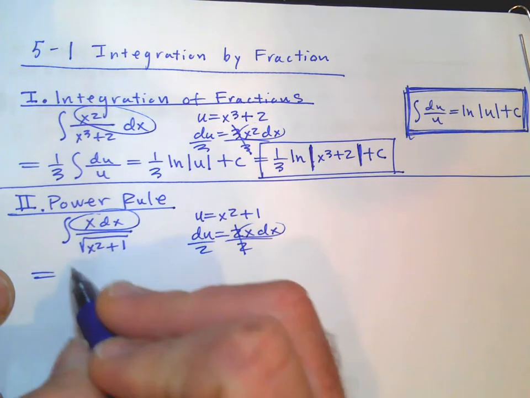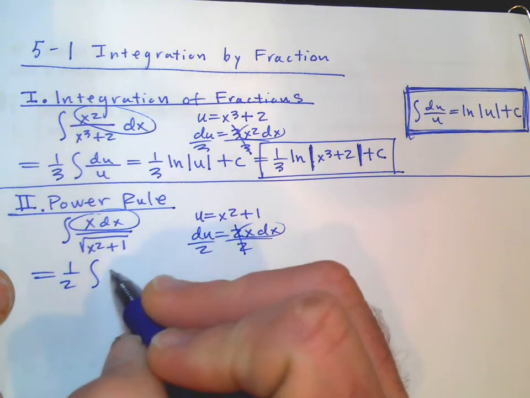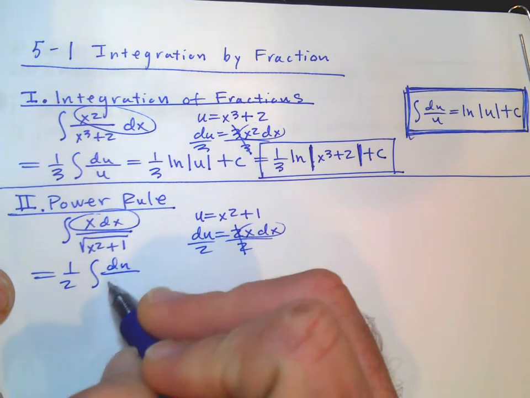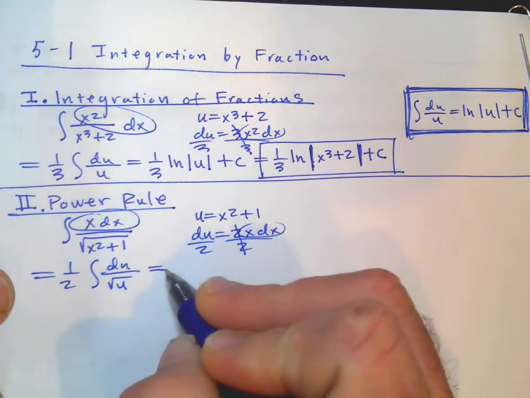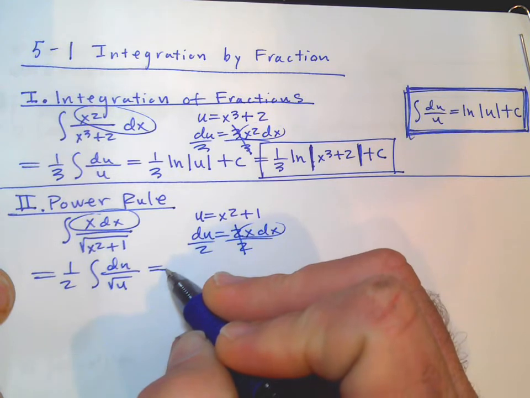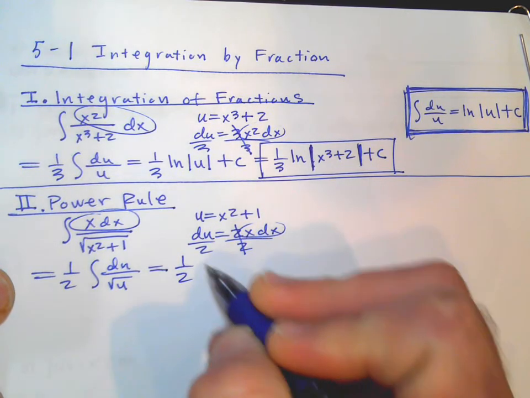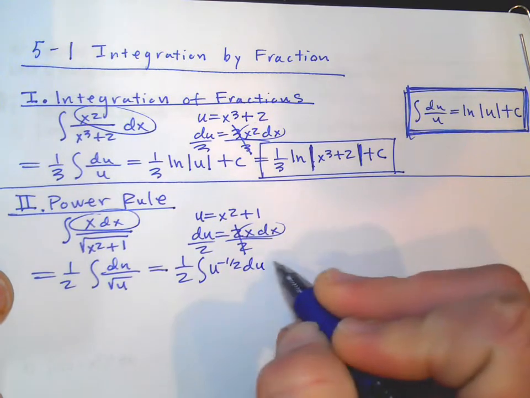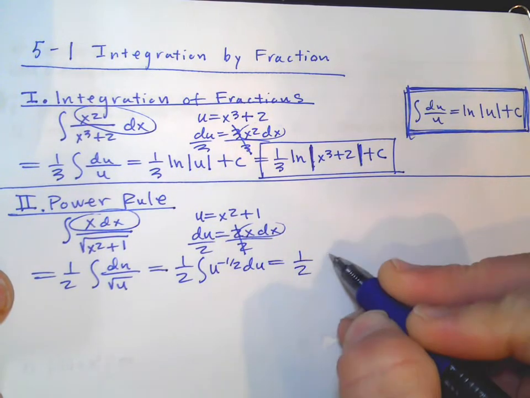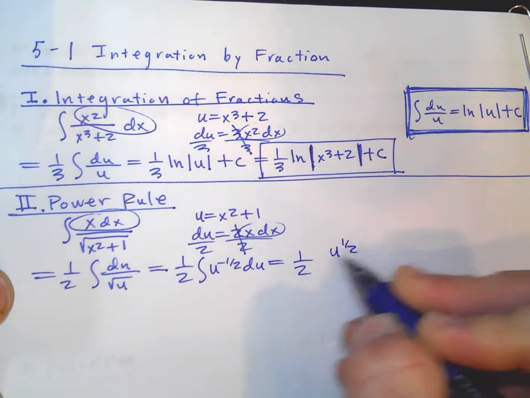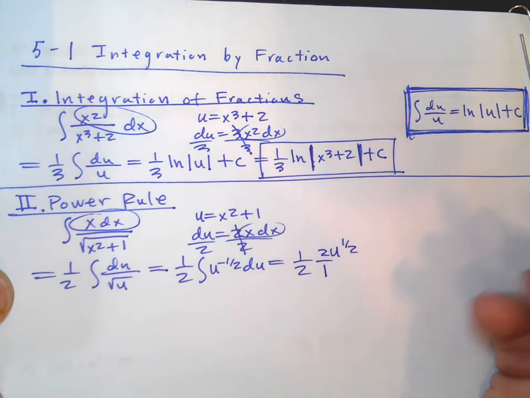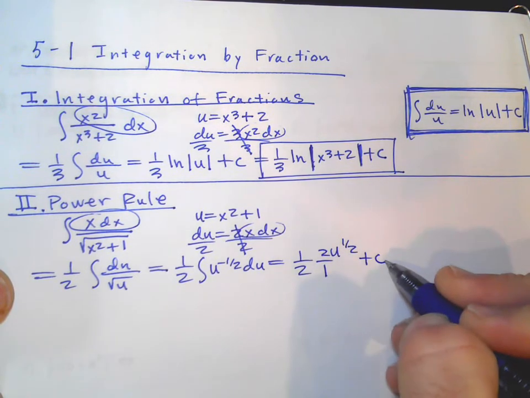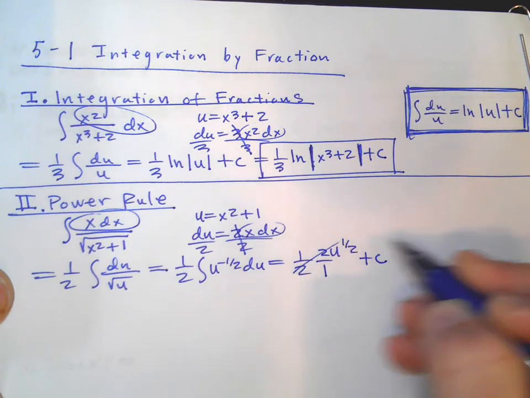So that's going to be 1/2 integral of du over the square root of u. So there's still a square root there. Now this is not going to be natural log. This is going to be a power rule. You want to rewrite this as u to the negative 1/2. So we're going to increase it by 1 and divide by the new exponent, multiply by its reciprocal, plus c. The 2's cancel out.